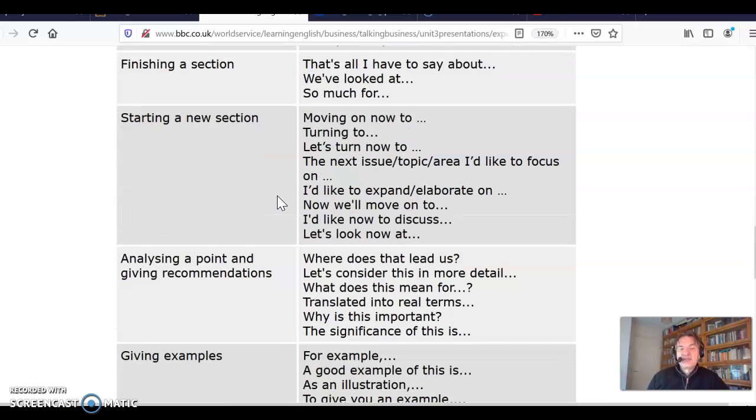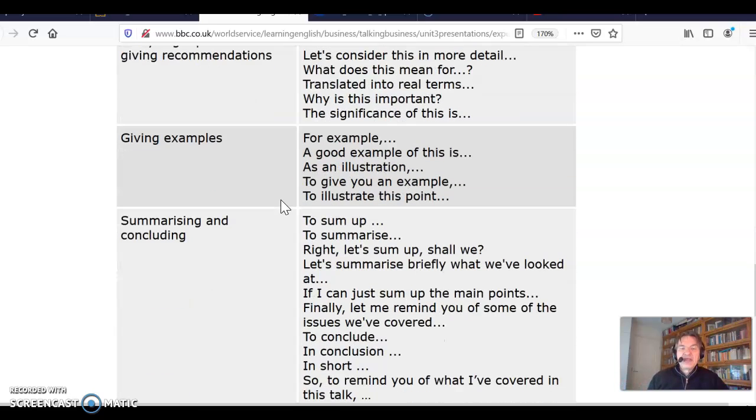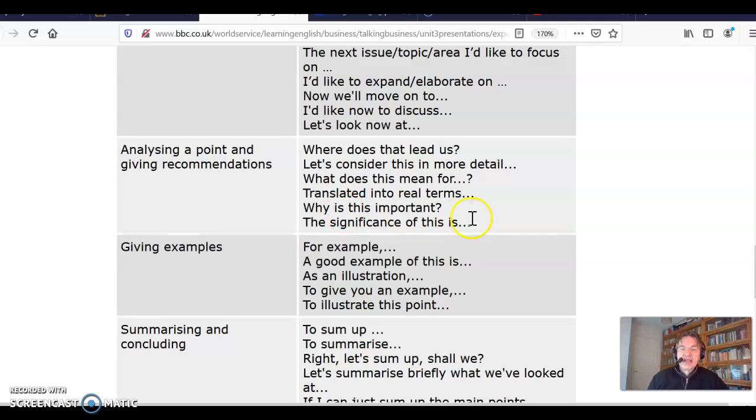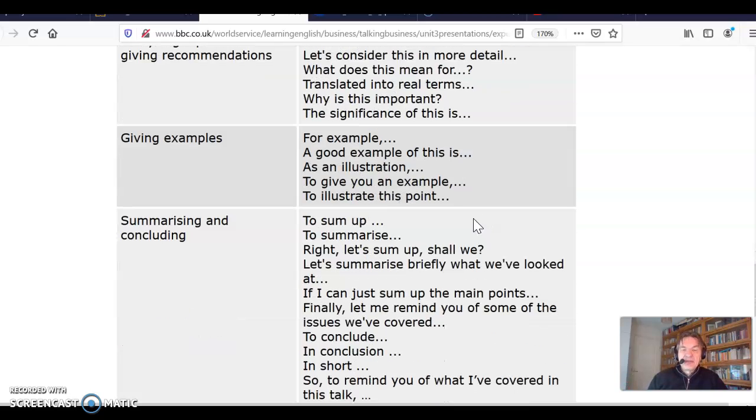And when you have come to an end of one part, you can say, that is all I have to say about this, and my next topic is this. Then you can use rhetorical questions or phrases, like, where does this lead us? Or why is this important? What does this mean for? You can give examples.